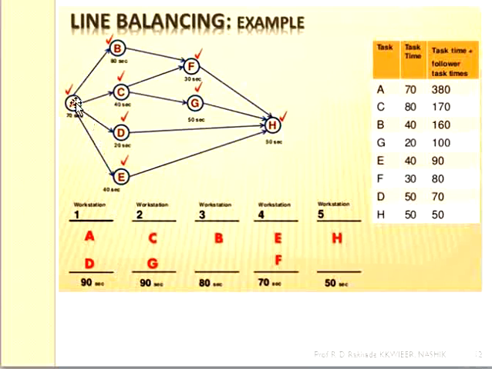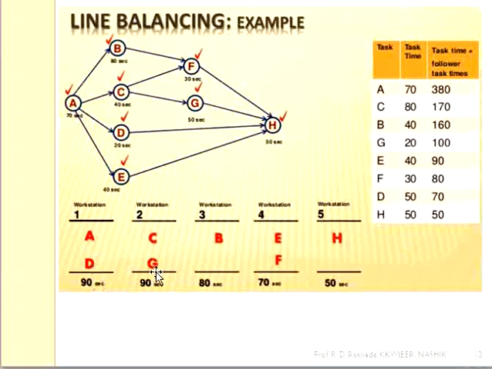Start from A, that is 70, so we have only a scope of 20 seconds. Try B: 70 plus 80 is more than 90, 70 plus 40 is more than 90, 70 plus 20, yes, we can fulfill the condition of 90 seconds. So the workstation having A and D is 90 seconds.